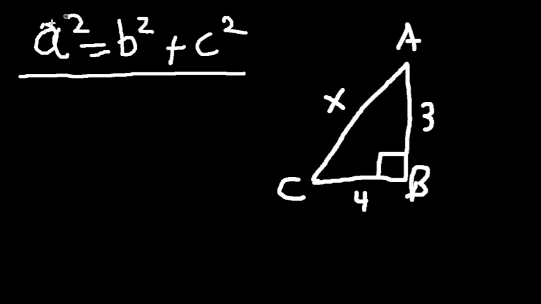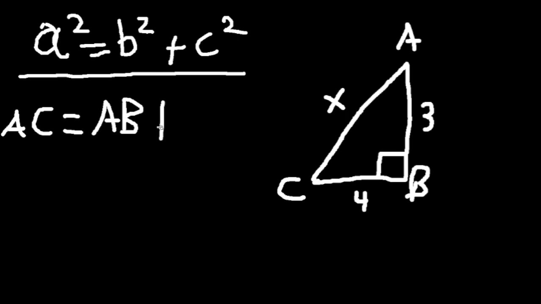So now what we want to do is we want to get AC, which is A and C. So AC squared is equal to AB squared plus CB squared. Okay, now let's plug in the values from our sheet.